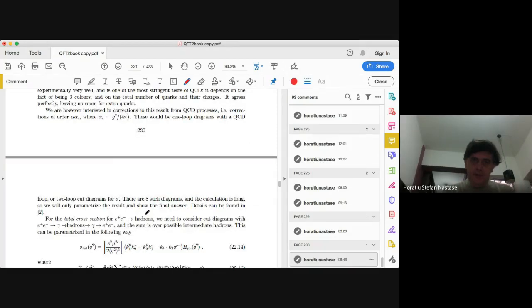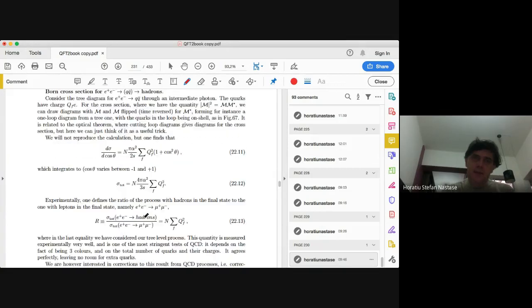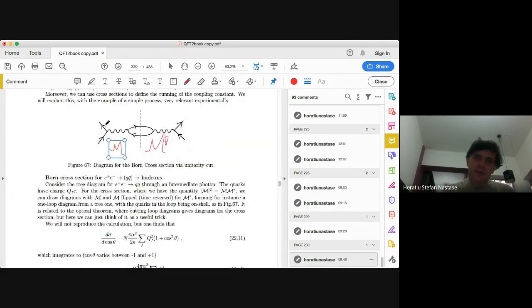So what we're really interested in, we said, is the total cross-section for E plus E minus going to hadrons. But here we've just considered E plus E minus going to QQ bar.